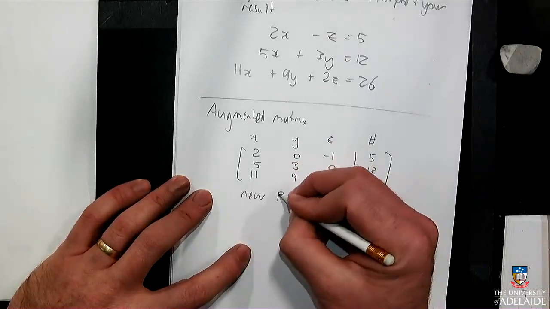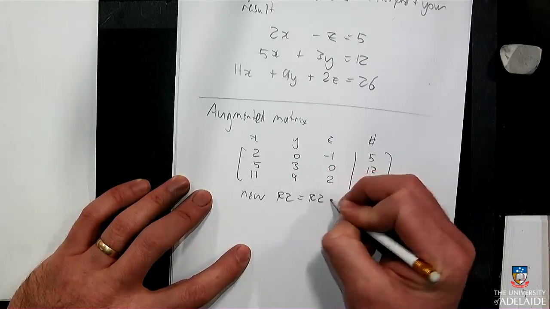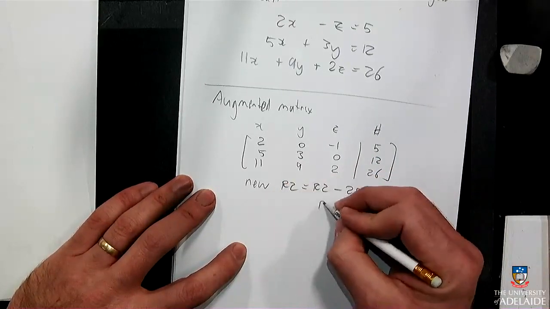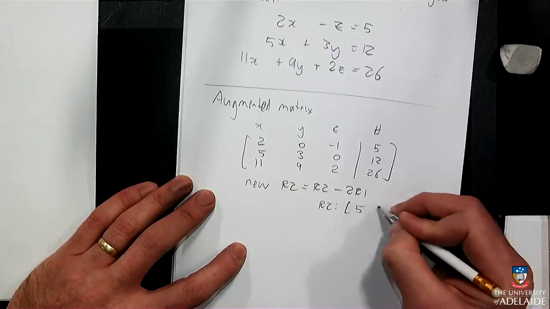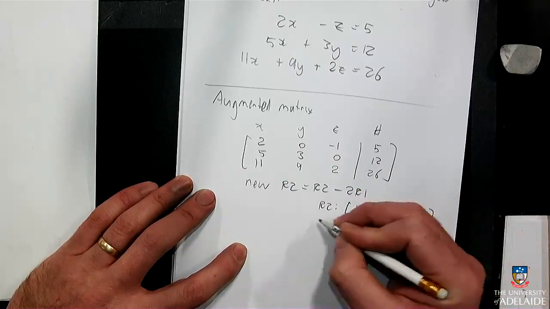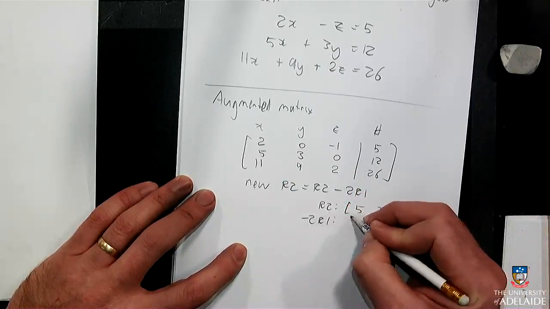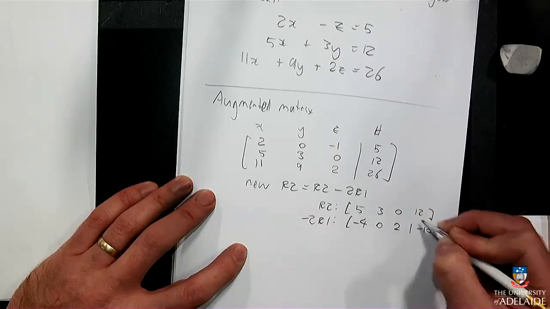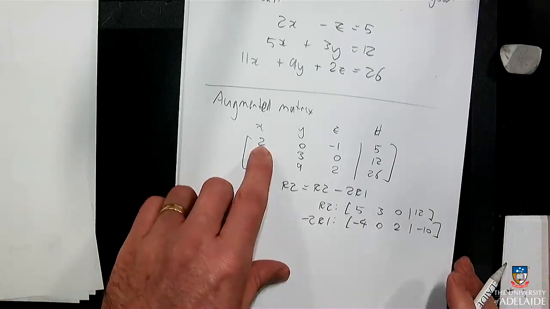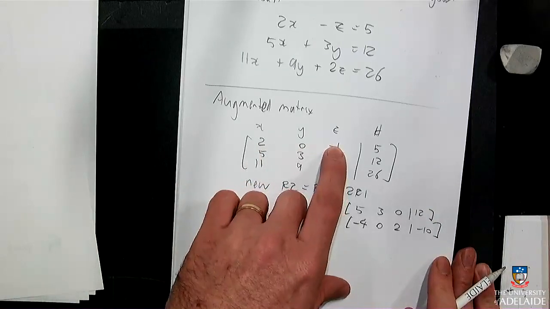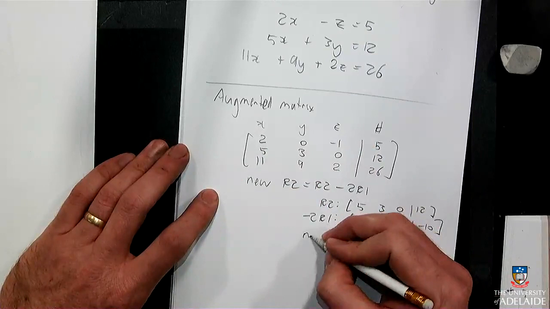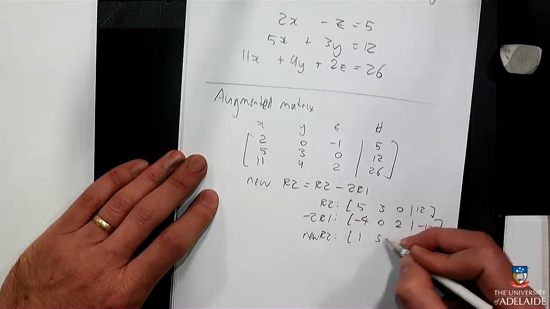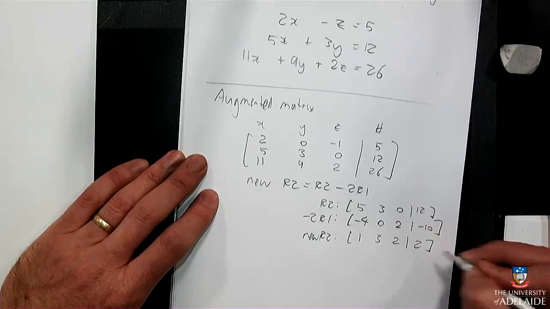My new row 2 will be my old row 2 minus 2 lots of row 1. So this is row 2: 5, 3, 0, 12. This is minus 2 lots of row 1, which is minus 4, 0, 2, minus 10. And so my new row 2 will be 1, 3, 2, 2.